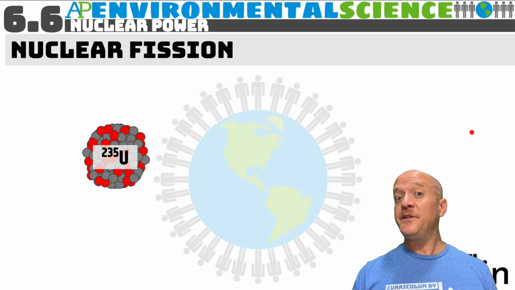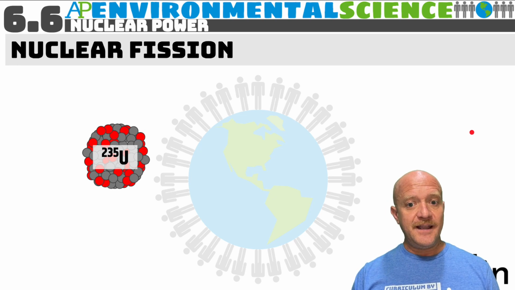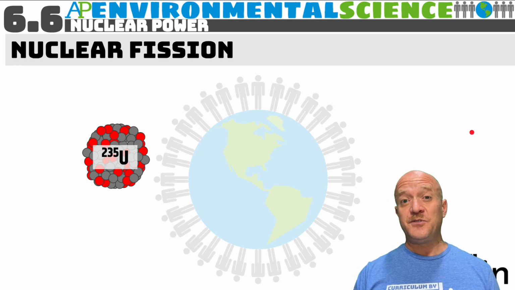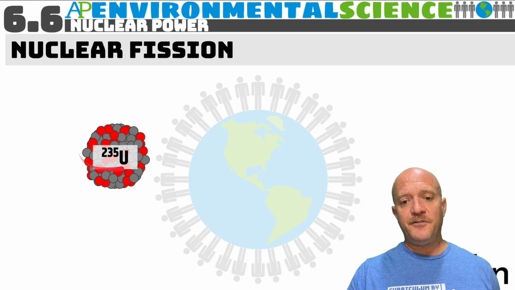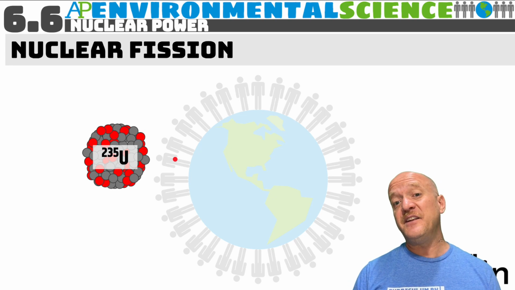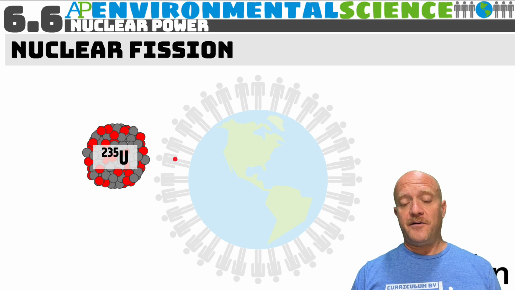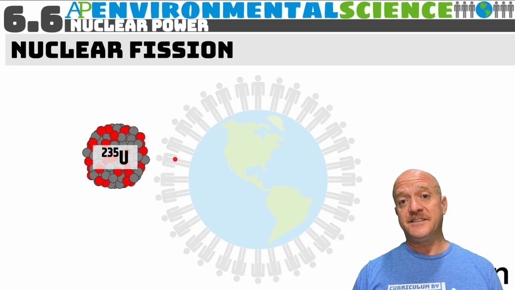Now, the process of nuclear fission is when you're taking a larger unstable nucleus, in this case, uranium-235, and recall that 235 refers to the amounts of neutrons and protons that are in the nucleus, and you are breaking it into smaller substances.